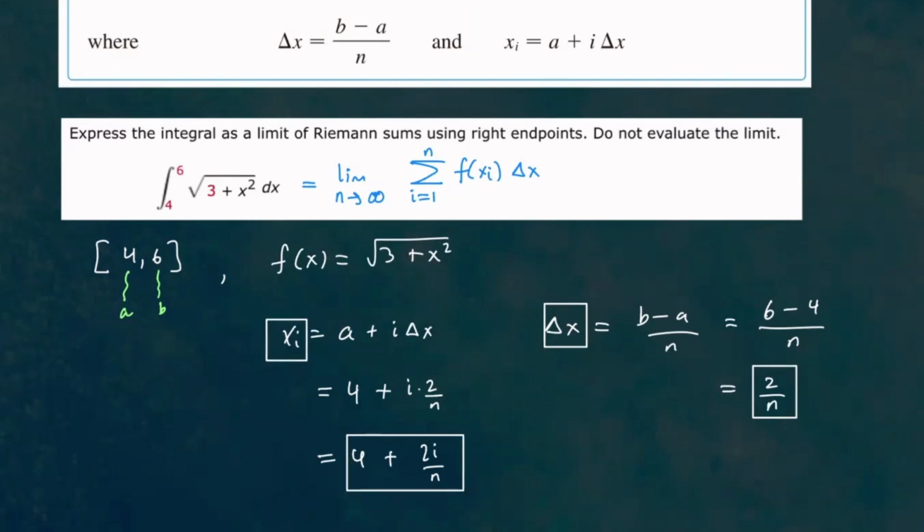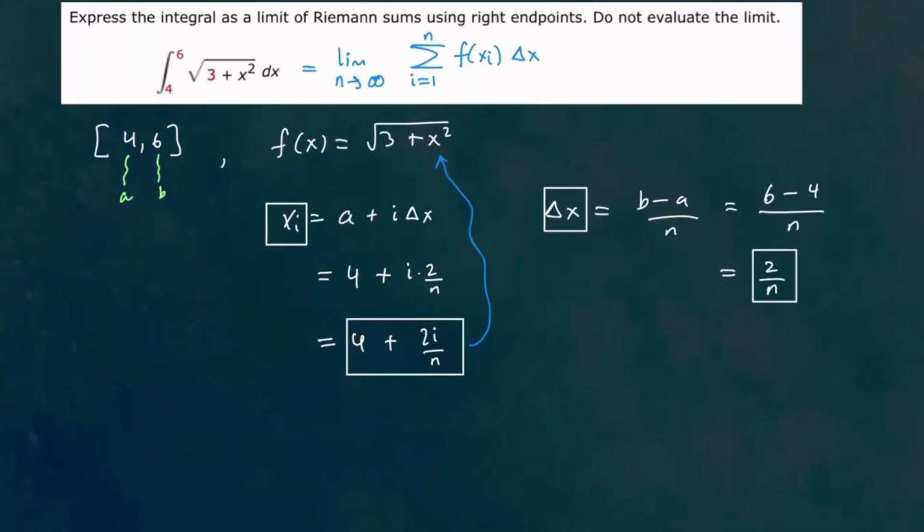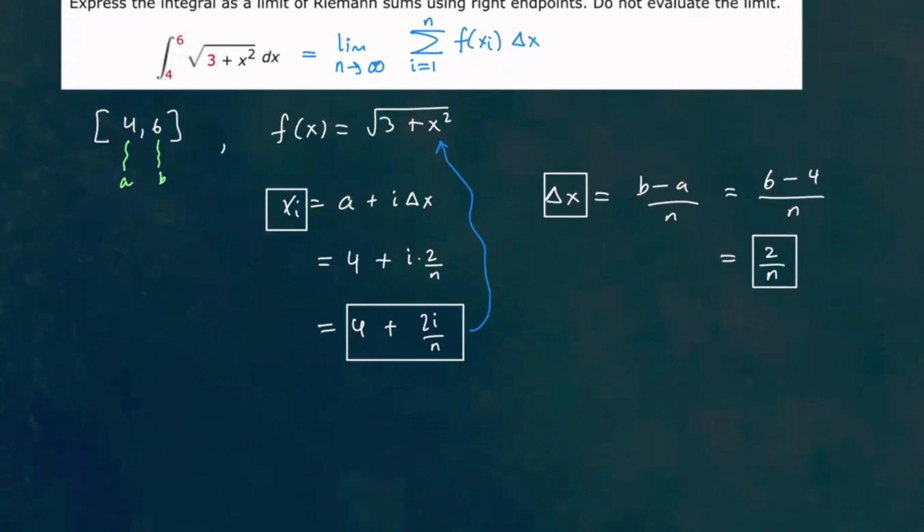Okay, so let's go ahead and make the substitution. We're going to substitute xi in place of x in the formula, and for delta x, we're going to substitute 2 over n. So we know our definite integral, to rewrite the problem, from 4 to 6 of the square root of 3 plus x squared dx, is equal to the limit as n approaches infinity of the sum from 1 to n of f.